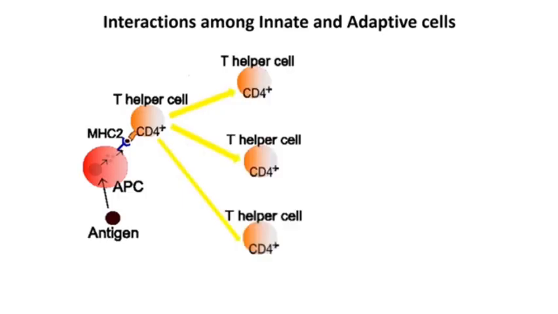This results in the T helper cell activating, and that means it begins to divide and form multiple identical copies of itself, a process called clonal expansion. Thus, you will wind up with a large population of identical cloned cells. The TH cell progeny spread out and alert many other cells.